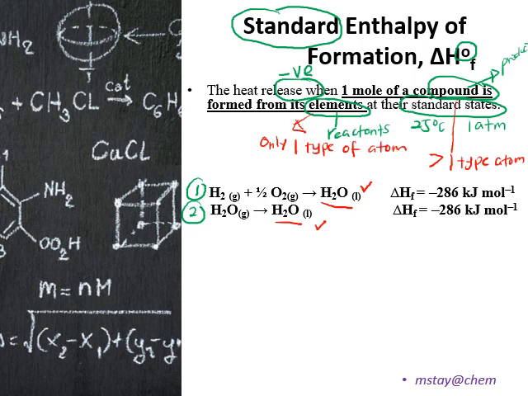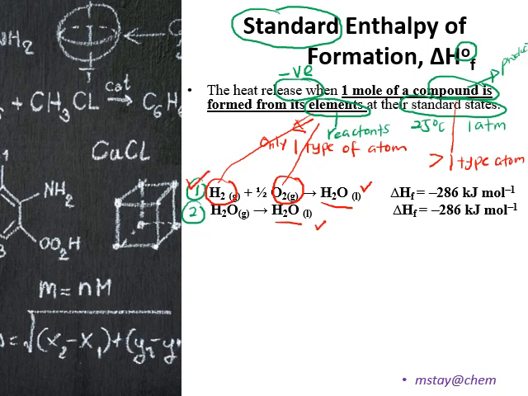When we look at the first thermochemical equation, even though there are two reactants, both reactants are made up of one type of atom. Hydrogen is an element, oxygen is also an element. So the first thermochemical equation fulfills the definition for the enthalpy of formation.